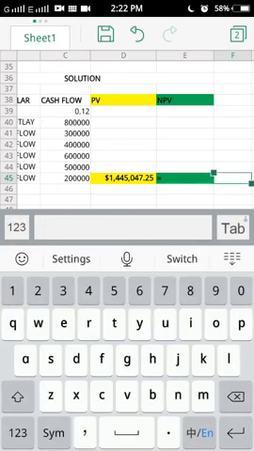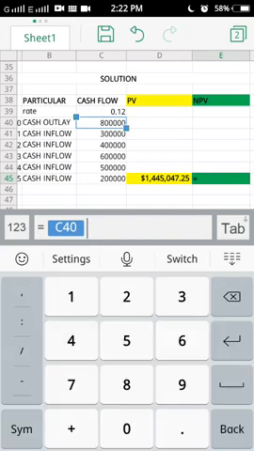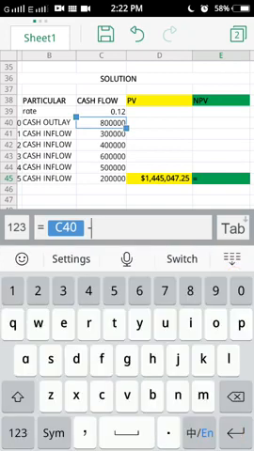Then what you do next is to type in the cell address of our present value, which is on cell address D45, minus the cell address of our cash outlay of 800,000, which is on cell address C40.